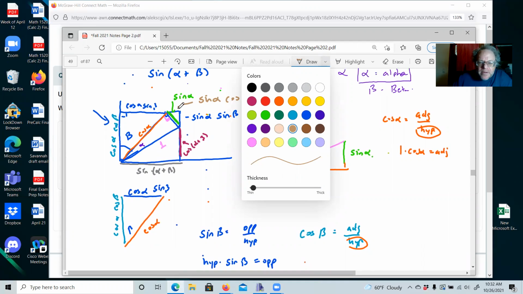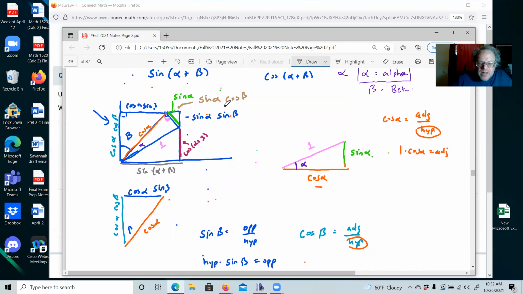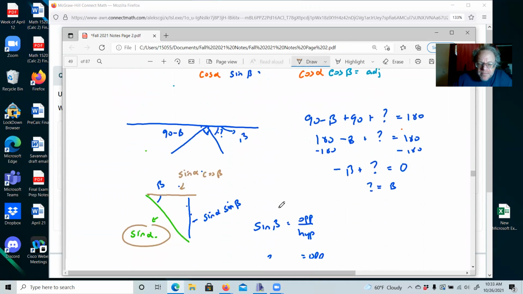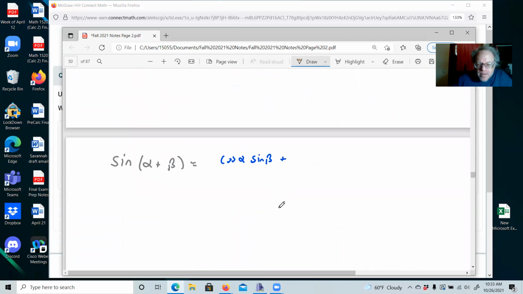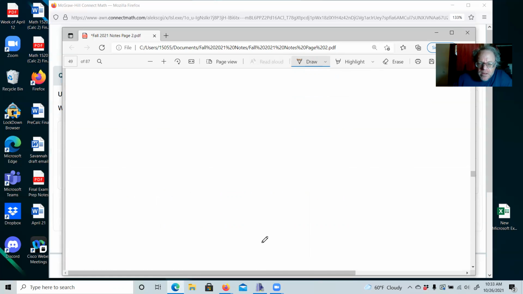So this little side right here, that was sine alpha, cosine beta. Sine alpha, cosine beta. Okay.